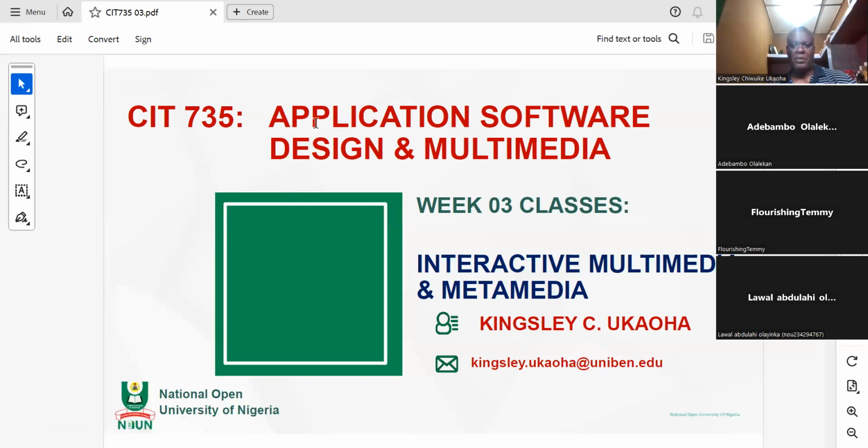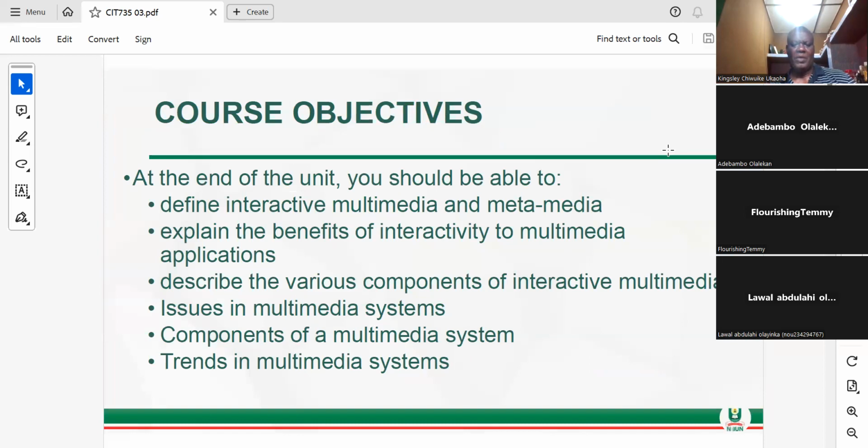So like I mentioned, this is interactive multimedia and metadata. That is the topic we are about starting. So at the end of this particular class, our objective is that you'll be able to define what an interactive multimedia means, and also what we mean by metadata.